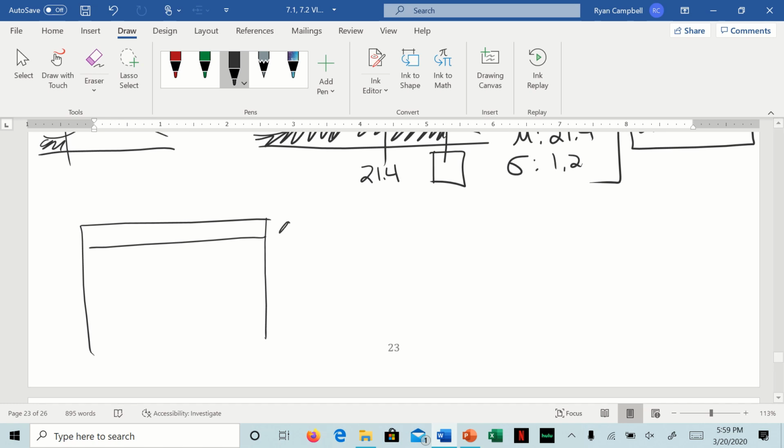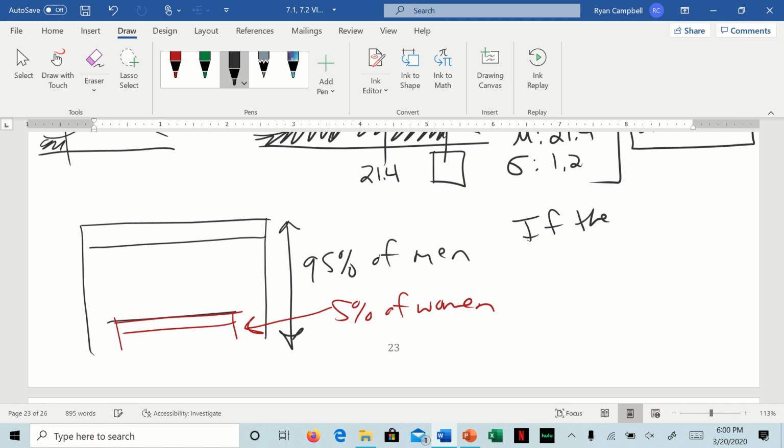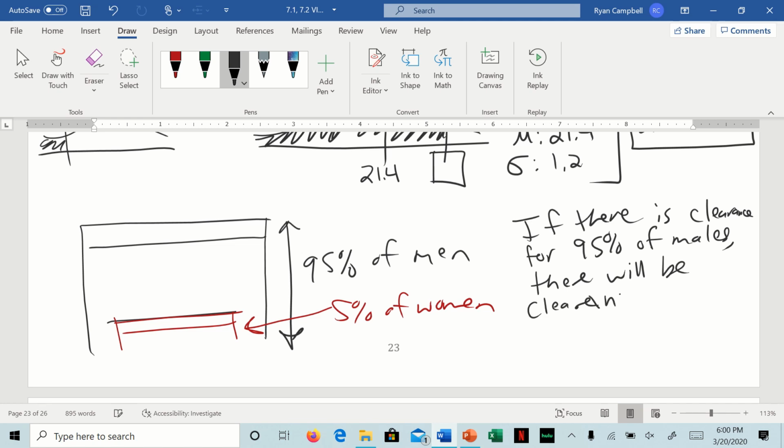So we could say, if there is clearance for 95% of males, there will certainly be clearance for all women in the bottom 5%.